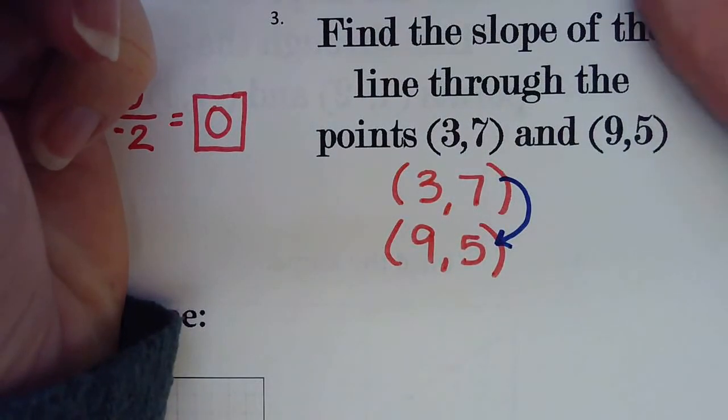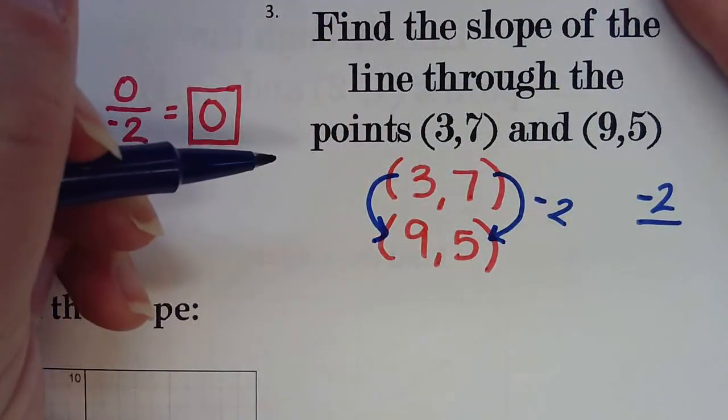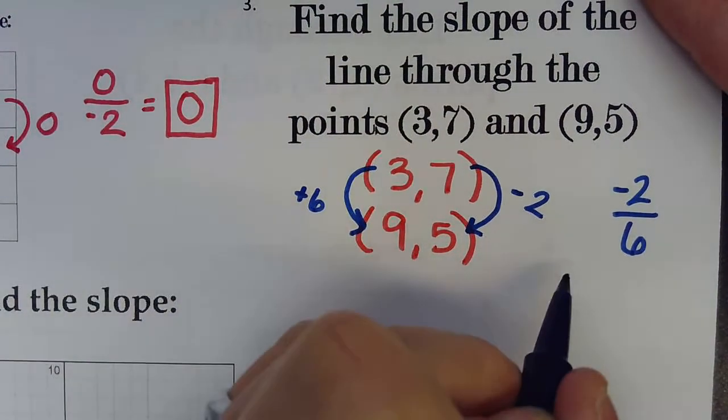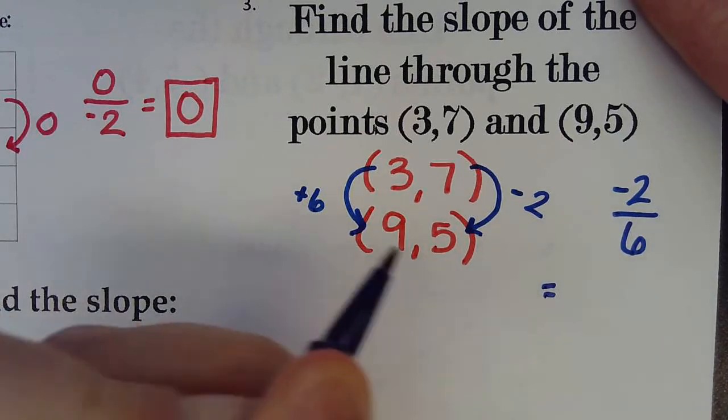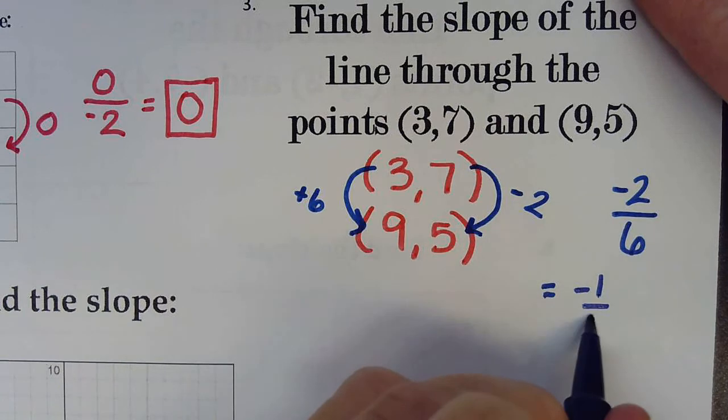So if I go from 7 to 5, what's that? -2. So -2 goes on top. And then if I go from 3 to 9, +6. So -2 over 6. And that reduces down to -1 over 3.